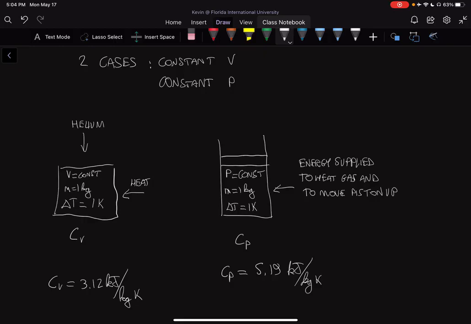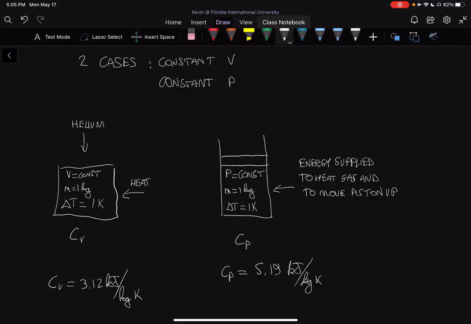So on the right side, our system is doing double duty. The energy supplied to that system is not only heating up the system, but it's also helping move our piston up. Whereas on the left side, we only have heat converted to temperature.